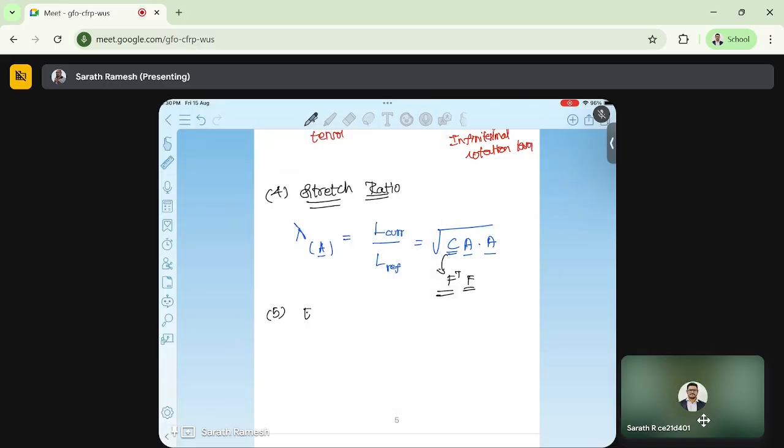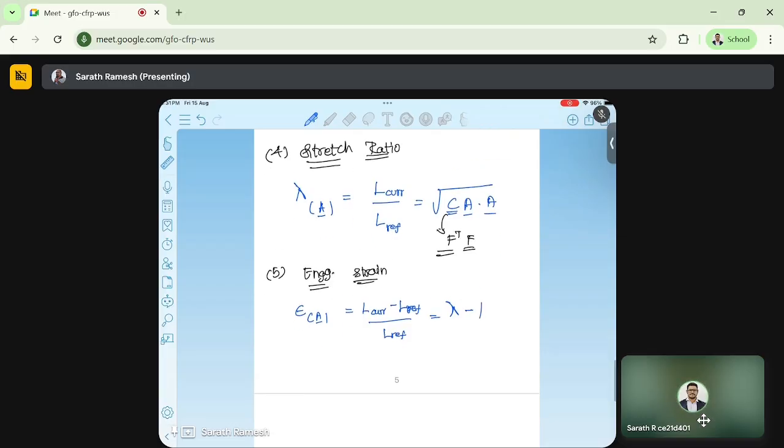Next is engineering strain. The fifth one is engineering strain. Now, engineering strain is defined, as we all know, as the change in length by original length. Epsilon along the direction A is given by L current minus L reference by L reference. So this is nothing but lambda minus 1.